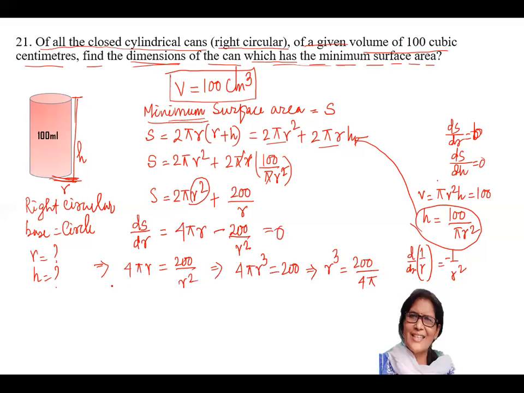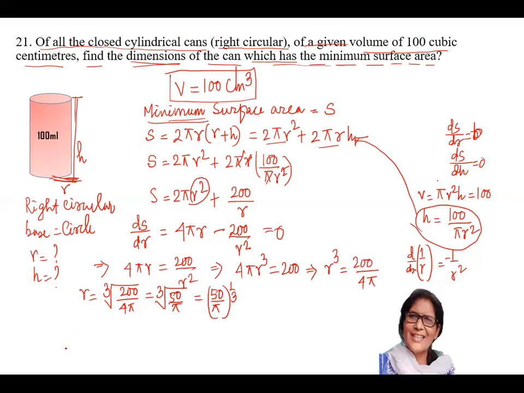Then what will be the radius? Radius is equal to the cube root of 200 by 4 pi. 4 I can cancel, so it will be the cube root of 50 by pi, or I'll write this as (50 by pi) to the power 1 by 3.